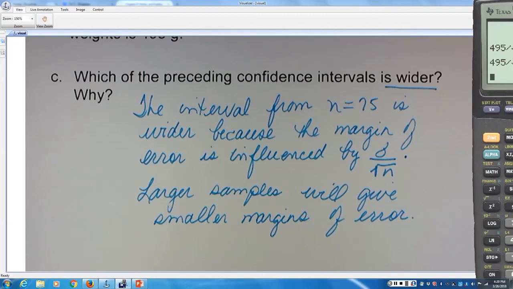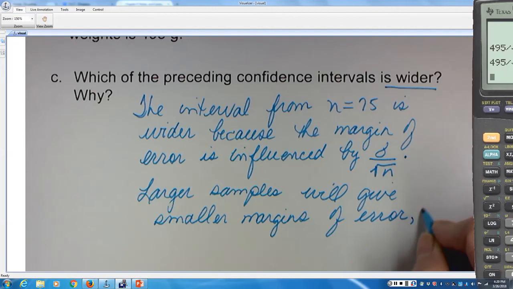Interval from n equals 75 is wider because the margin of error is influenced by sigma over the square root of n. Larger samples will give smaller margins of error. Smaller margins of error are smaller values of E.